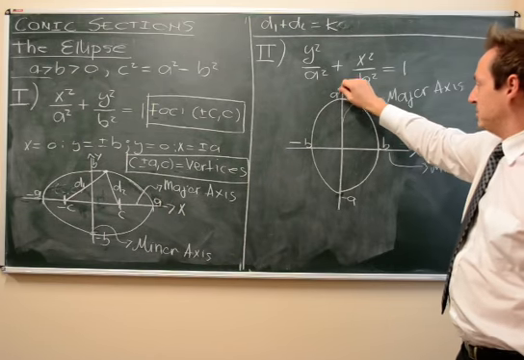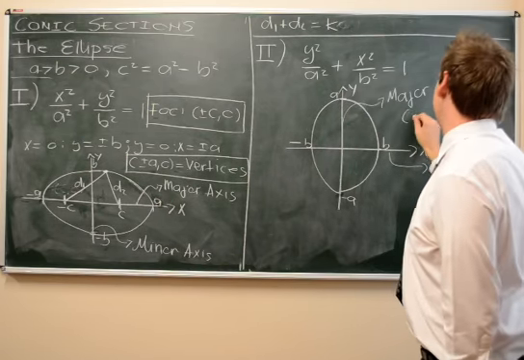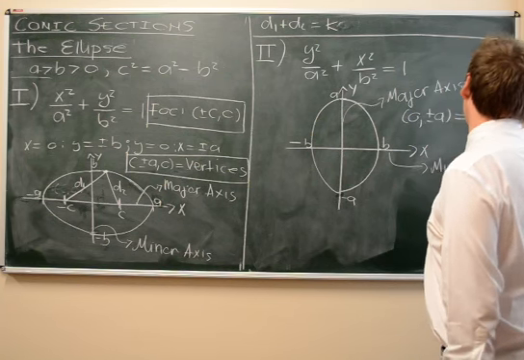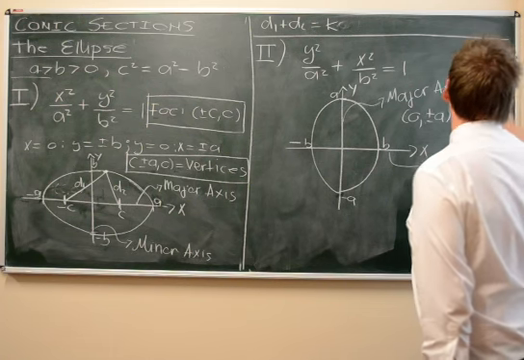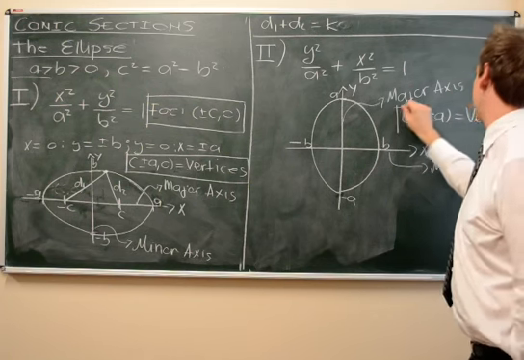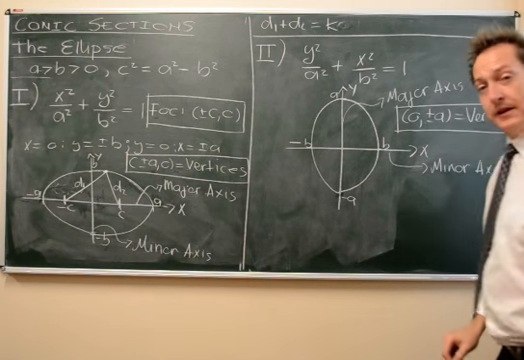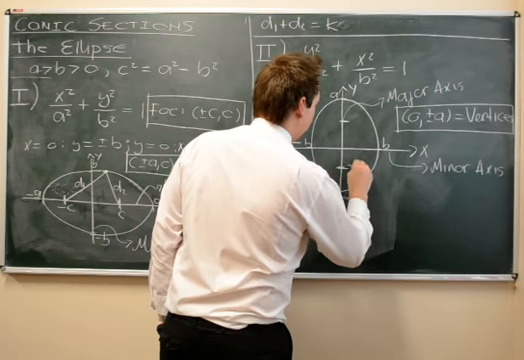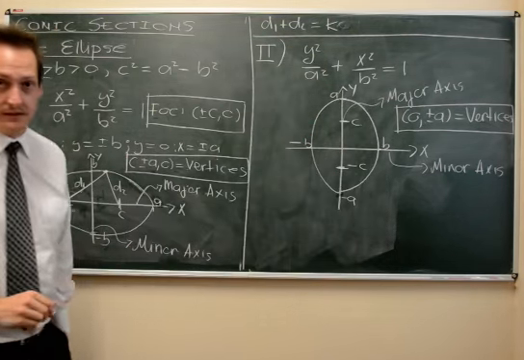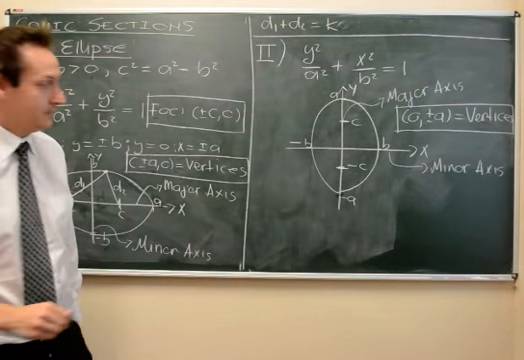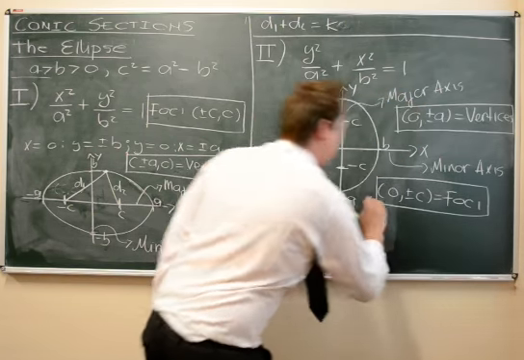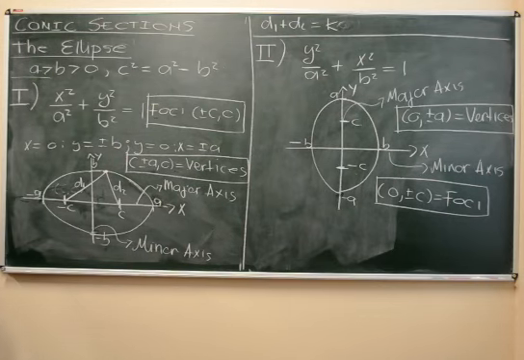And these 2 points where y is plus or minus a and x is 0 are now the vertices. And the foci are now going to sit here on the y-axis. So 0, plus or minus c, these are now the foci.